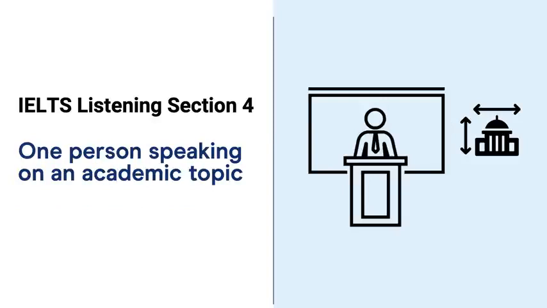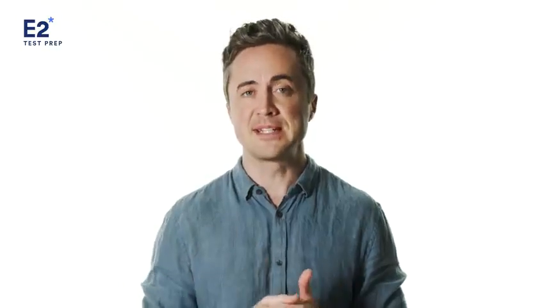In section 4, you'll hear one person speaking on an academic topic. For example, maybe he or she will talk about architecture, or biology, or technology. Don't worry, you don't need to be an expert in any of these academic topics. However, by section 4, the vocabulary is definitely getting a little more complex.